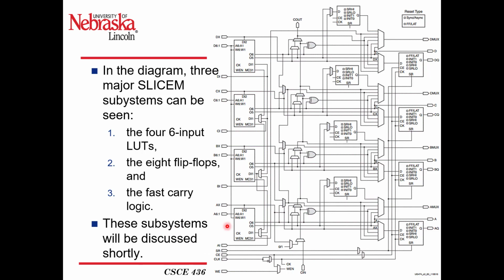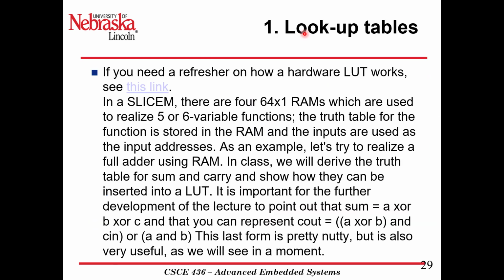There are 8 flip-flops: 1, 2, 3, 4, 5, 6, 7, 8. And then some fast carry logic in here, all these gates and muxes, from carry in to carry out, and we'll talk about each of those subsystems shortly and how they're all put together.